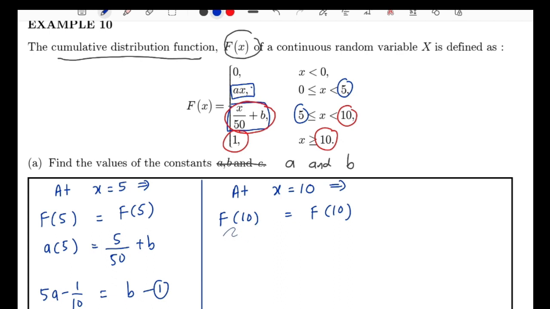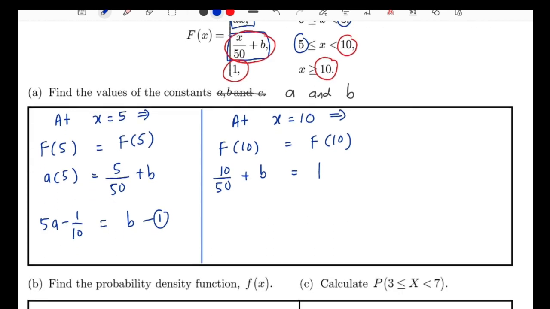But then substitute x equal to 10. So we have 10 over 50 plus b equal to 1. So we can just simply find the value of b, which is 4 over 5.